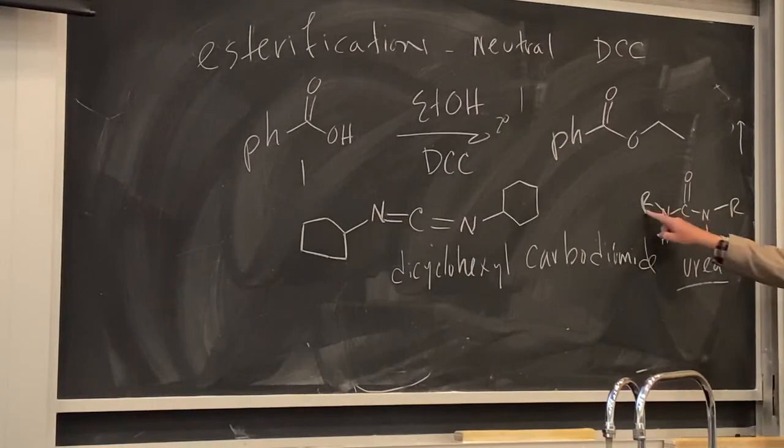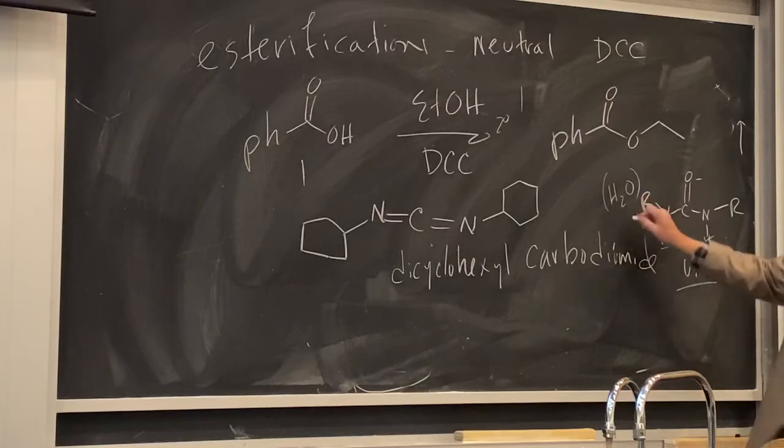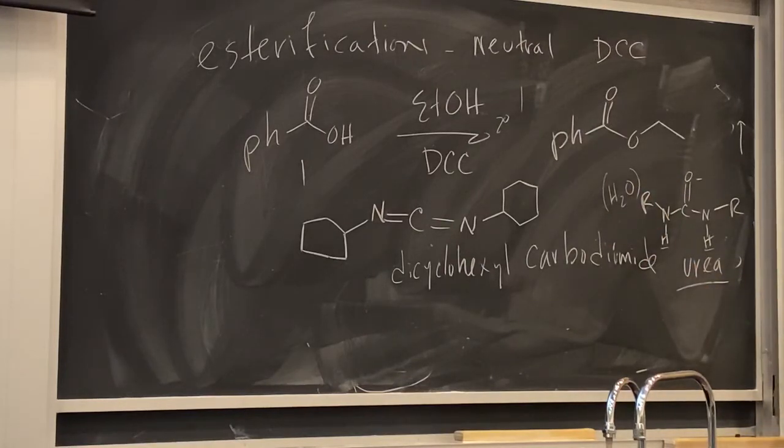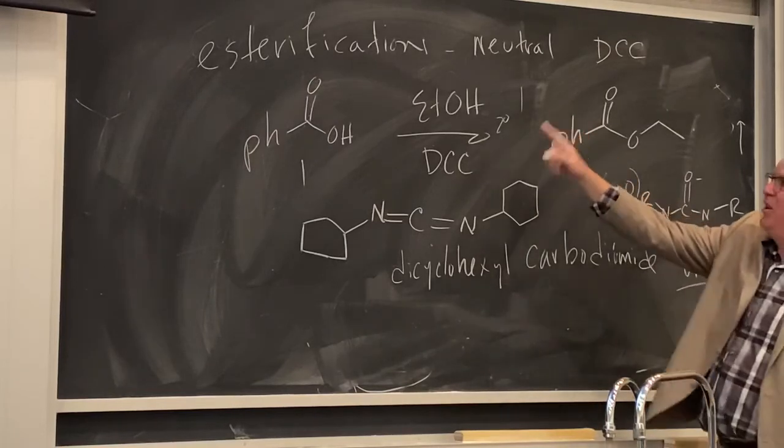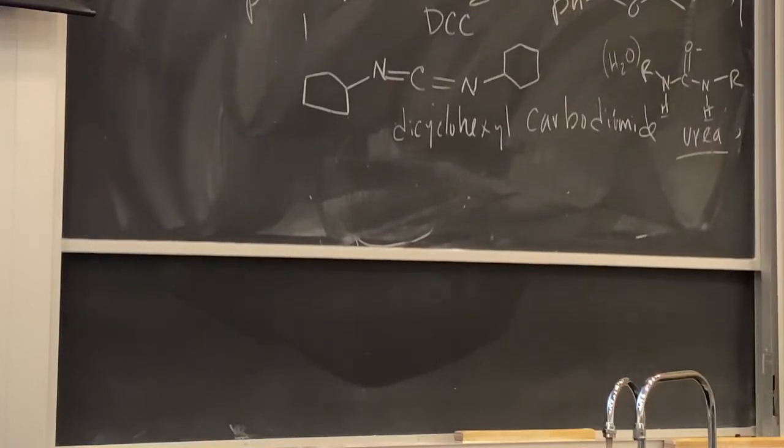This will have dicyclohexyl groups here. But you see the elements of water are there, 2 hydrogens and this oxygen here. So that will be where the water ends up. Carbodiimide actually sequesters water, and that's part of the driving force for this reaction and lets you do it at 1-to-1 stoichiometry. So let's see if we can do some of the mechanism here. Briefly, we've got enough time, I think. Yeah, okay. We can do it, I think.